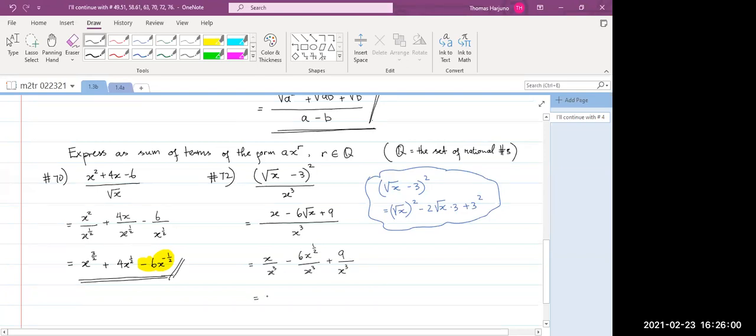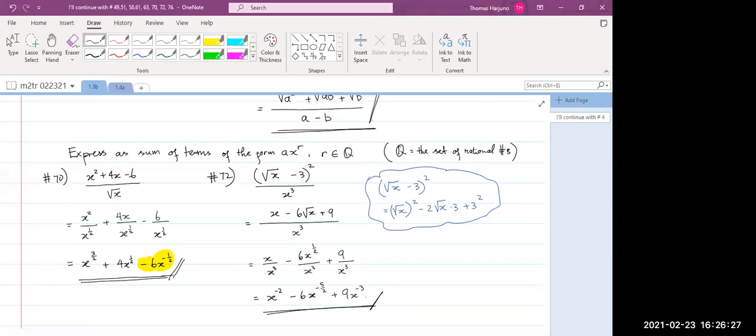So we end up with x to the power of negative 2, minus 6x to the power of negative 5/2, plus 9x to the negative 3. Okay, that's if we want the expression in terms of ax to the r.